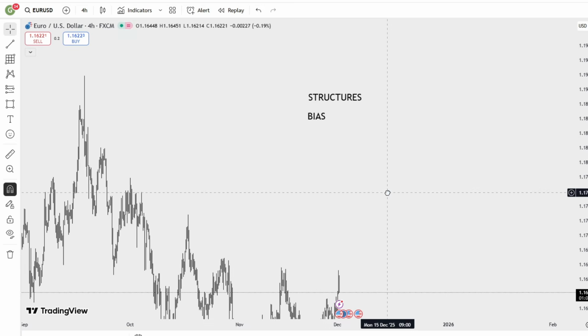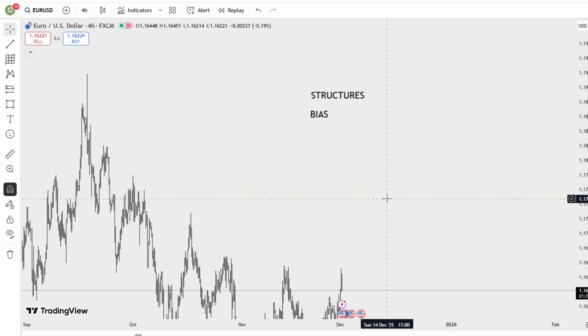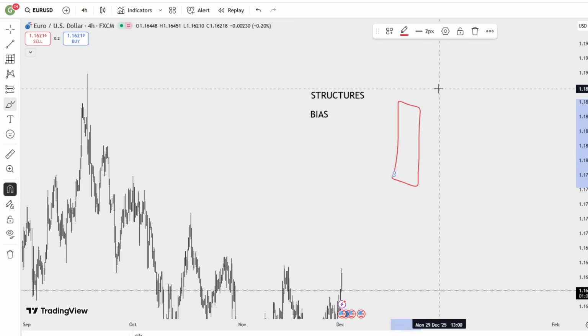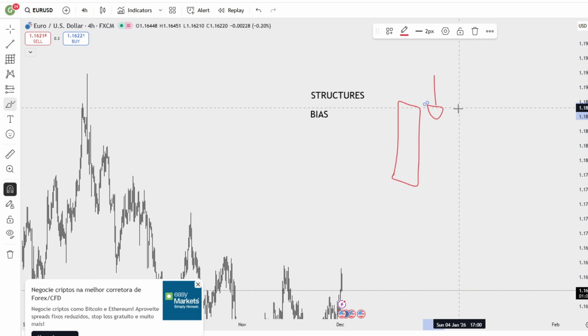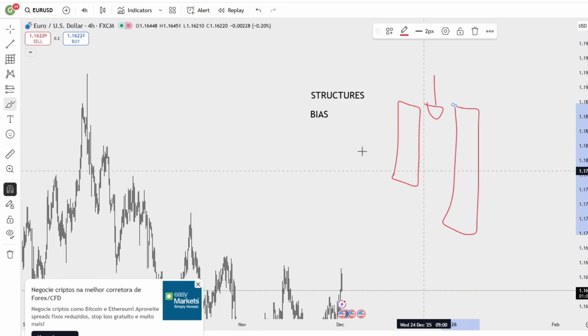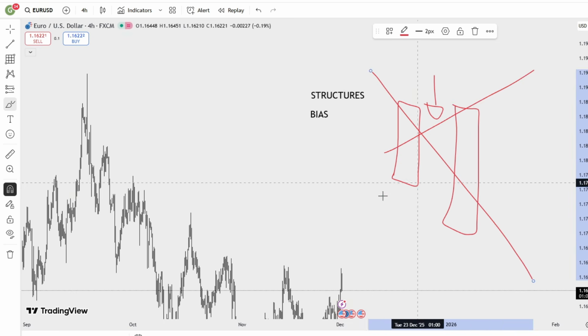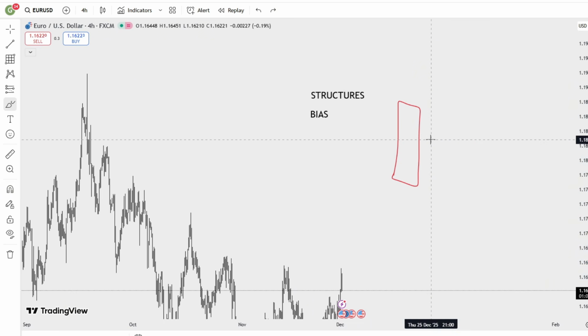You must be wondering, because in all the YouTube content you see around, they just teach CRT like it's a 3 candle pattern and you can do it anywhere. Don't do it, because you need to align with the confluences.